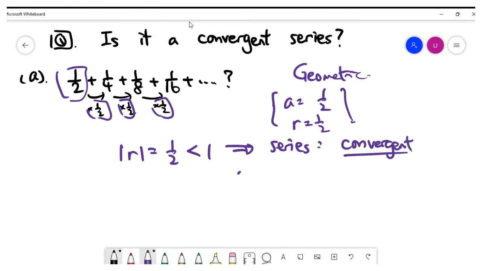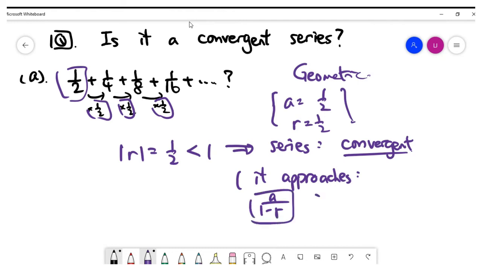And even more than that, as I said, there's a formula that helps us find which value the infinite series approaches. It's A over 1 minus R, and A is half and R is also half. Which means that the infinite series approaches 1 when you keep adding the terms here. We notice that the sum is approaching 1 gradually. It will never get above 1. And that's the answer to this problem.